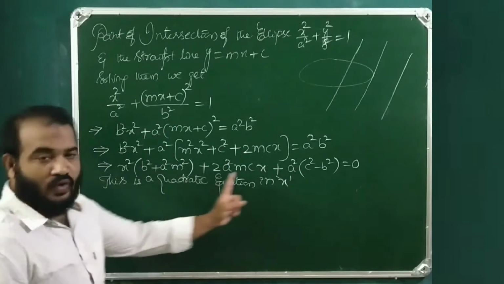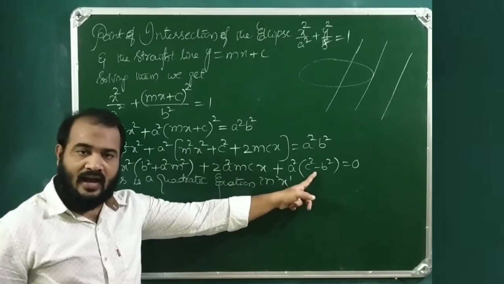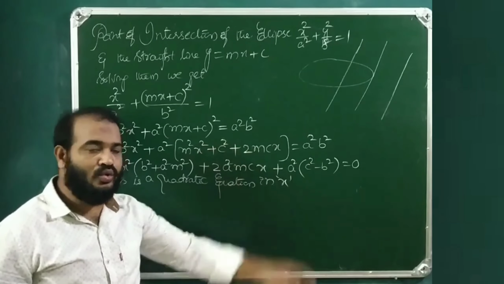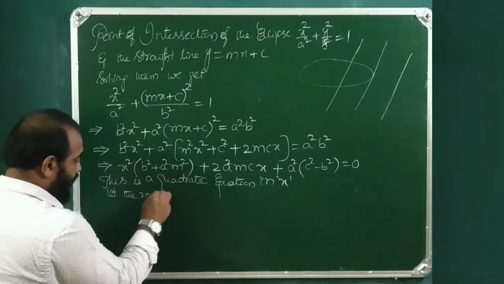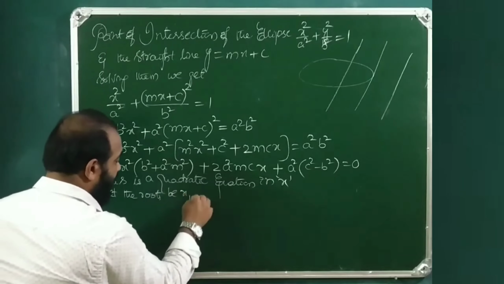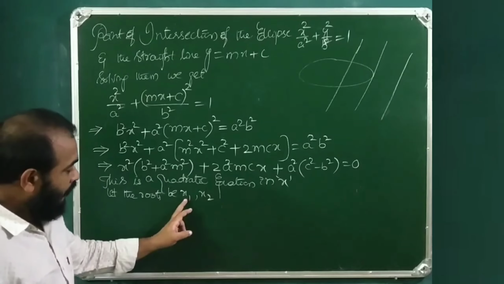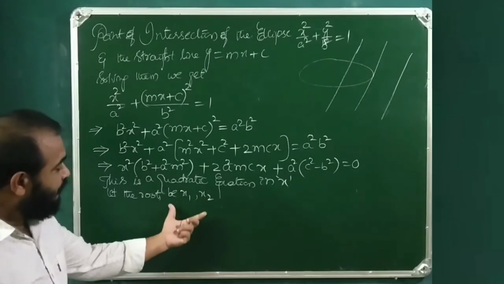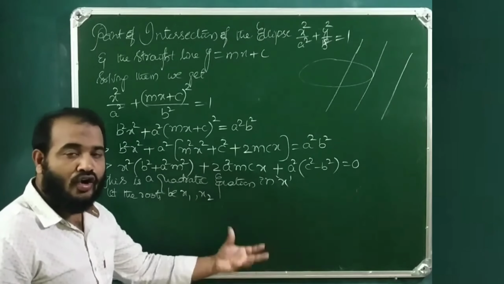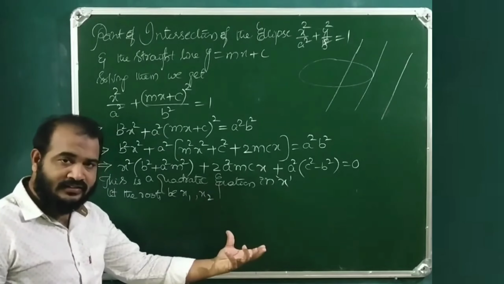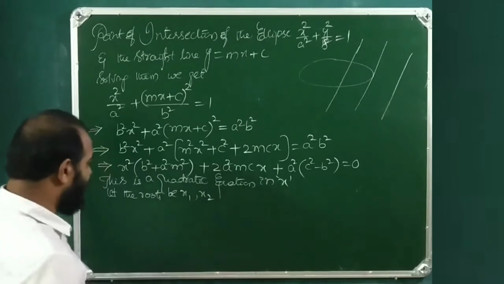Since this is a quadratic equation in x, it has two roots. Let the roots be x1, x2. The two roots may be real and distinct, or coincident, or even imaginary. So depending upon the discriminant, what is the discriminant?